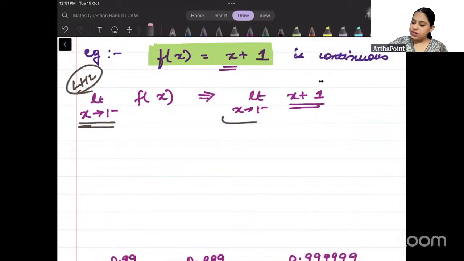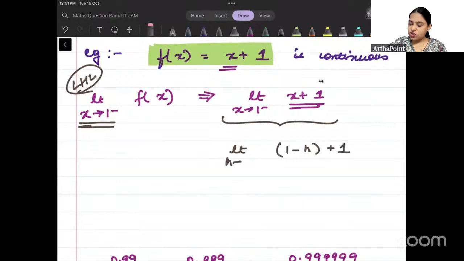Because x is going towards 1 minus, instead of x, they write 1 minus h, where h is very, very small. But 1 minus h ensures that it is less than 1, right? And then they just do plus 1 and h tends to 0. Why does h tend to 0? Because h is very, very small.